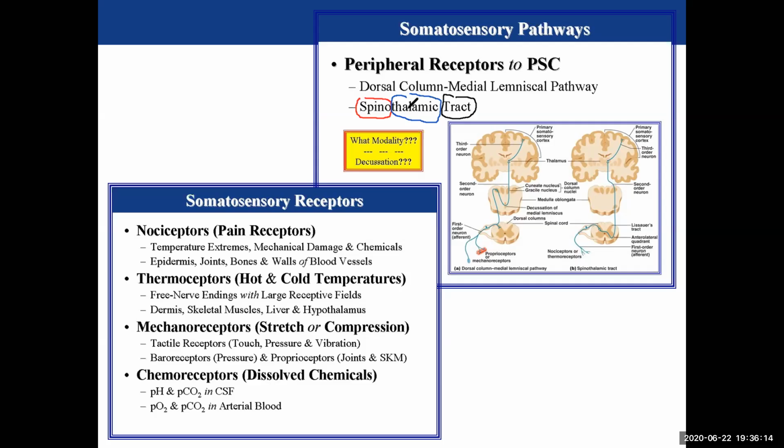So the spinothalamic tract is part of the central nervous system. And it is the single most important pathway conveying somatosensory perception.